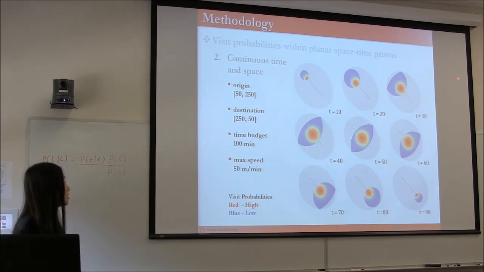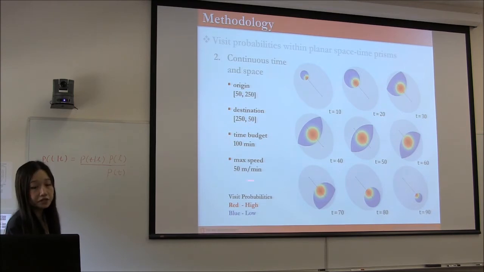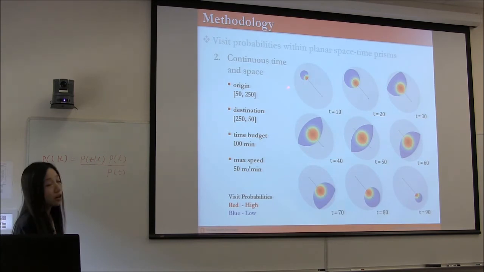These are the distributions I've selected at time steps from origin to destination given the time budget and the maximum speed limit. As you can see, the higher probability is also along the shorter path, with variations away from the shorter path.